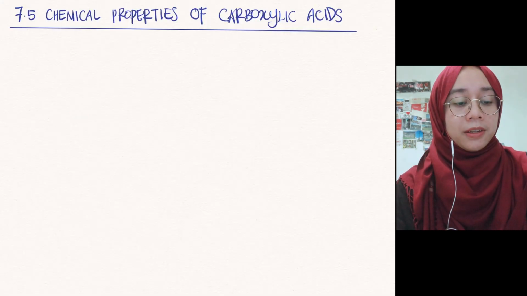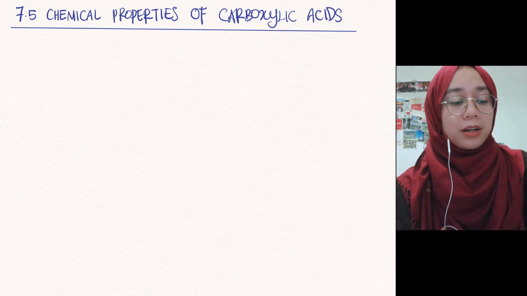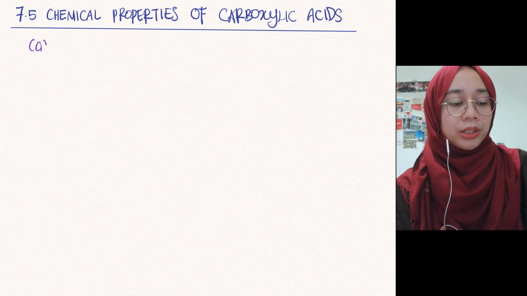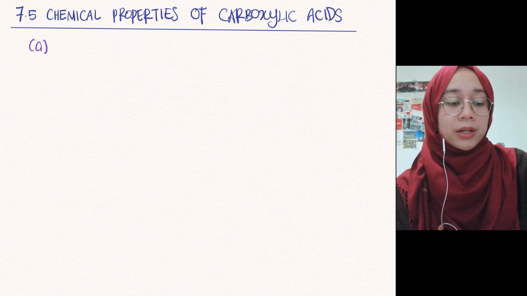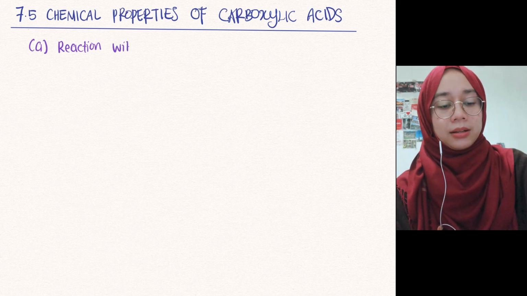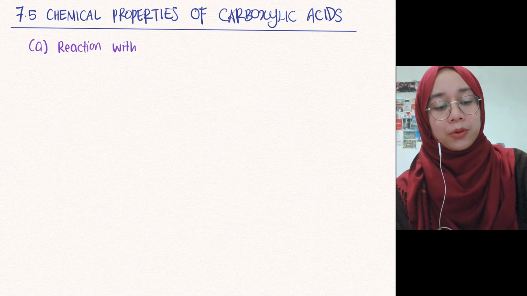Okay, so 7.5 chemical properties of carboxylic acid. So just now we know that we are going to learn 3 reactions. Whereas the first one is reaction with metals from group 1 and group 2.